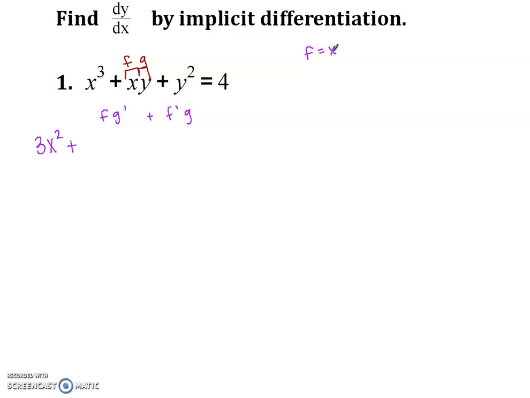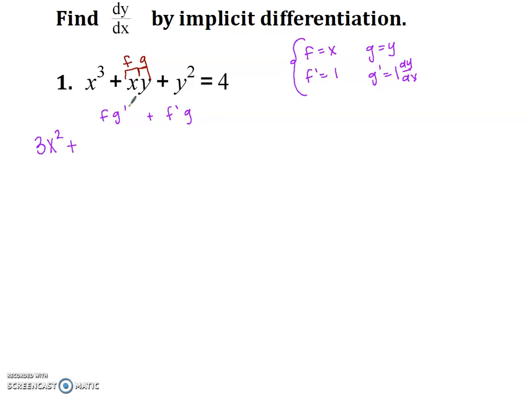So for f, we have x, so the derivative of that for f prime is just going to be 1. Then for g, I have y, so g prime is just going to be 1, but I took the derivative of a y, so dy dx. So this is what I'll be using for the product rule for this term.